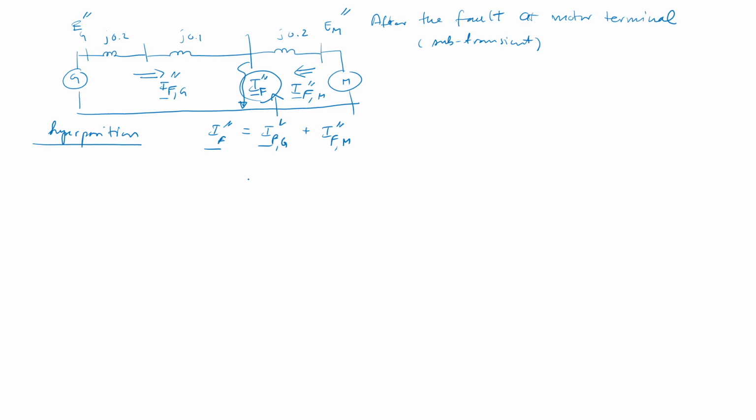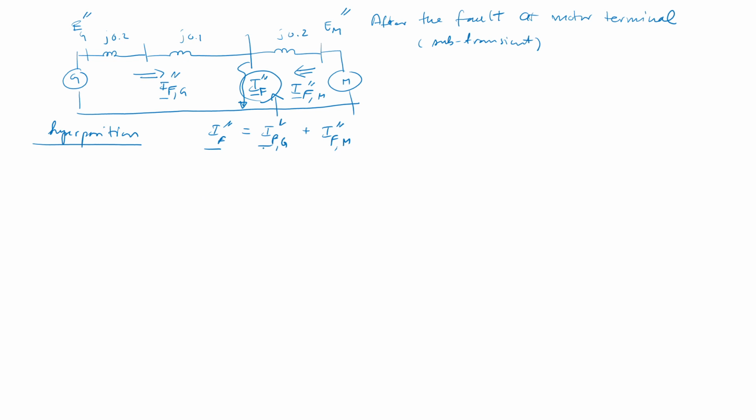Now, due to this superposition, you have to split this circuit into two. The contribution due to the generator can be determined when the source of the motor is deactivated.